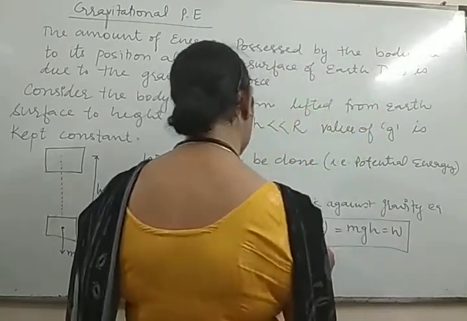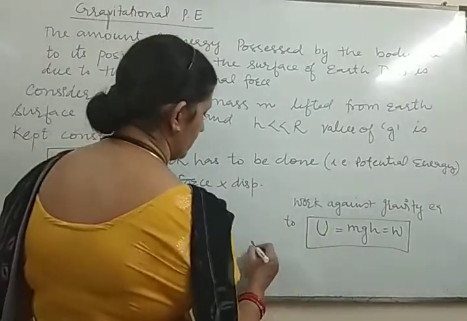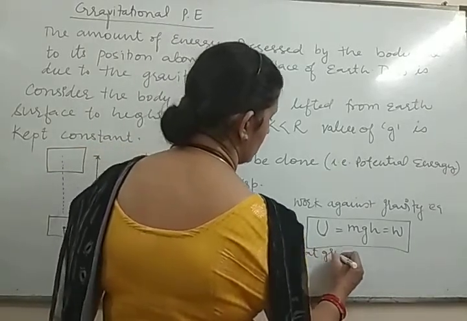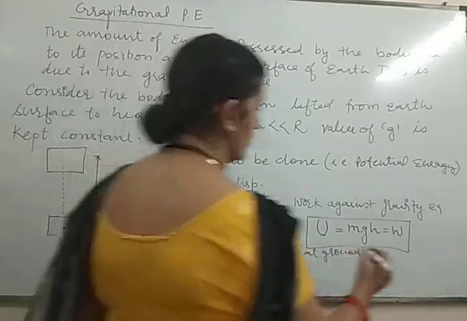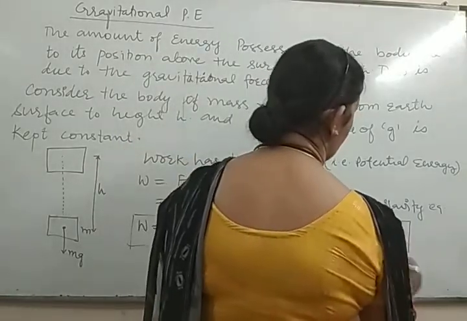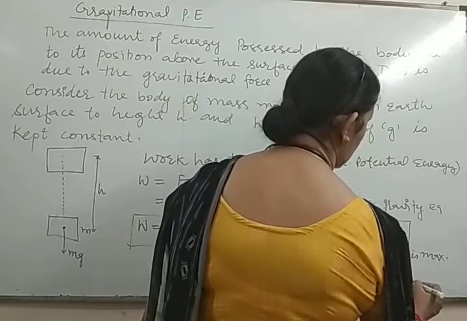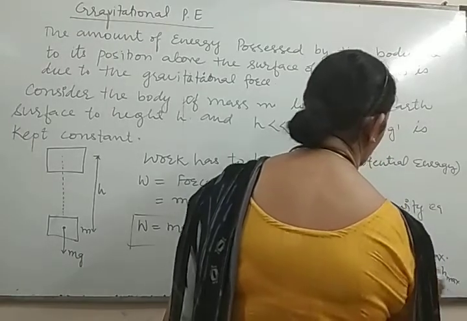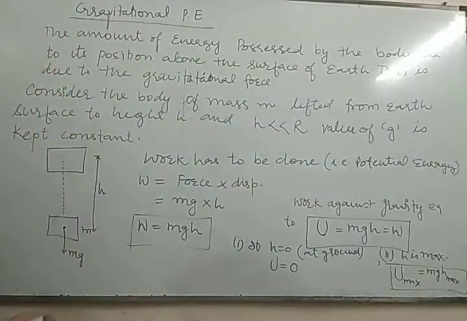This is the formula for the potential energy. If h is 0, it means at the ground, at the Earth's surface, then potential energy is 0. This is the first case; this is the second case: if h is maximum, then potential energy is maximum, that is mgh is maximum, keeping the acceleration due to gravity constant. Got it?